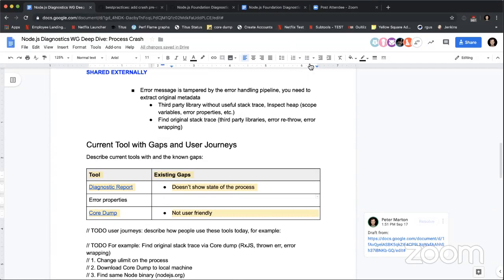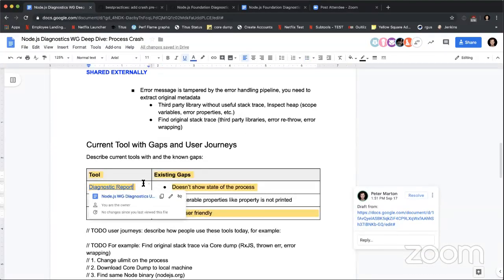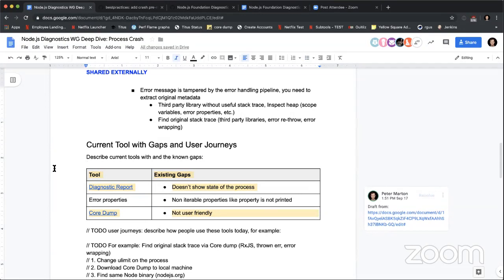And one gap is for sure what you mentioned, that non-iterable properties are not printed. Okay, so we have 3 tools in this table.